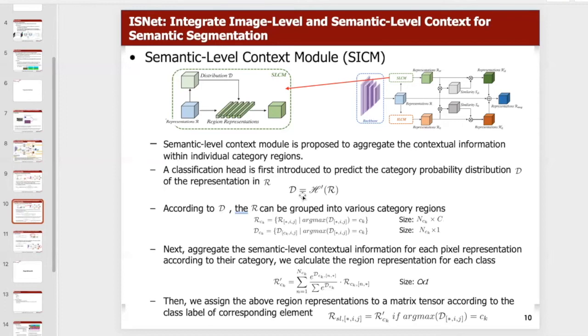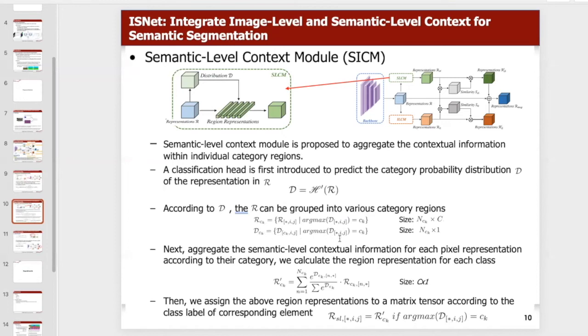Because during the training, D is prompted to get the right category probability predictions, so we can use this to separate different categories and get the representations R and the category probability distribution D. For example, we assume that CK represents the car, where CK equals 1 is car, and we will get the pixels which correspond to the car in the representation, and we will get the R sub CK.